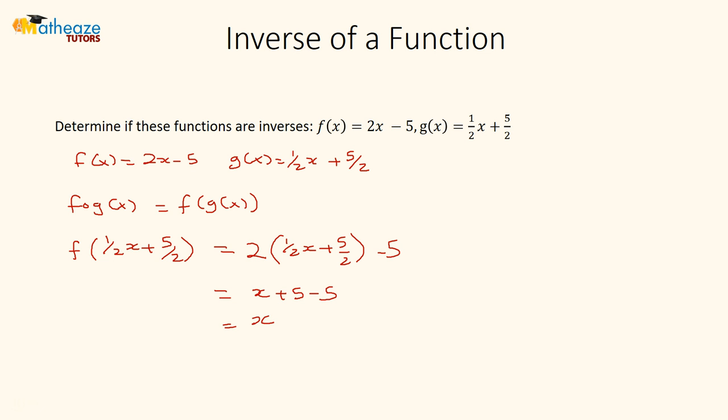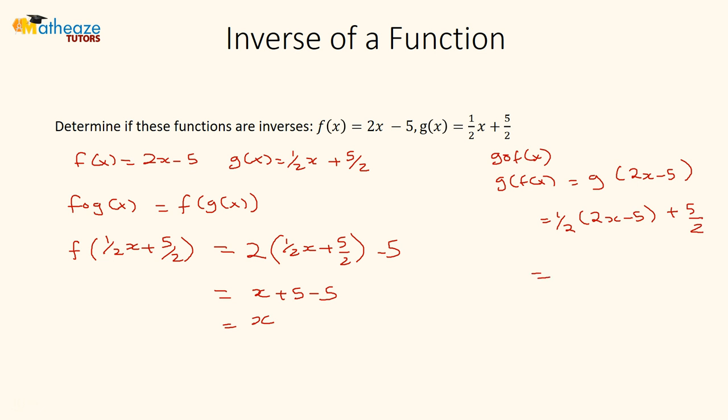Now, let's take an attempt at g∘f of x, which is g of f of x, which is g of 2x minus 5. So this is going to give us 1/2 of 2x minus 5 plus 5 over 2.